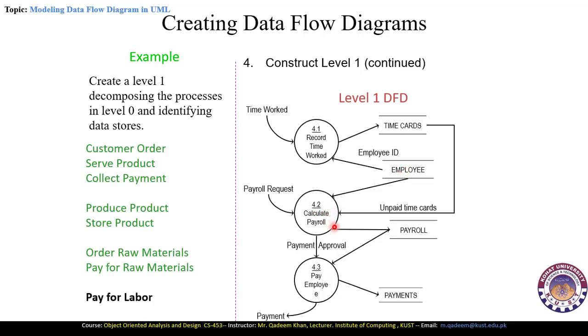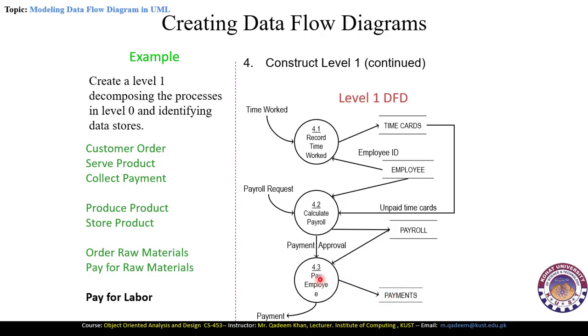Then the payroll will be updated by calculate payroll. So payroll is the data store which is updated by the process, and the payroll also provides information to the payment approvals, whether this payment is approved or not. If it is approved, then the pay employees process will be executed at the end of the month, and this process takes information from the payments.